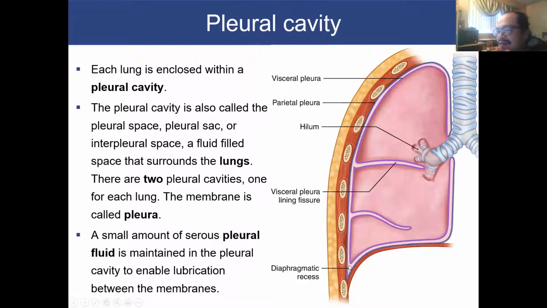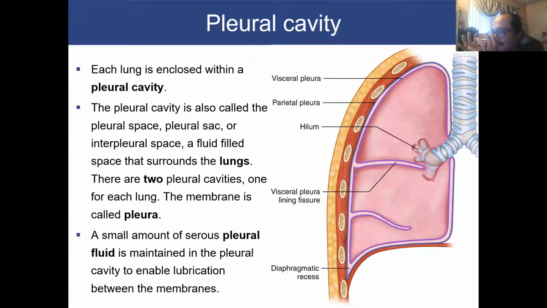This fluid is very little, as you can imagine, but this fluid is required. Otherwise the membranes would be very dry and attached to each other. You need to know that the lung expands and withdraws all the time.